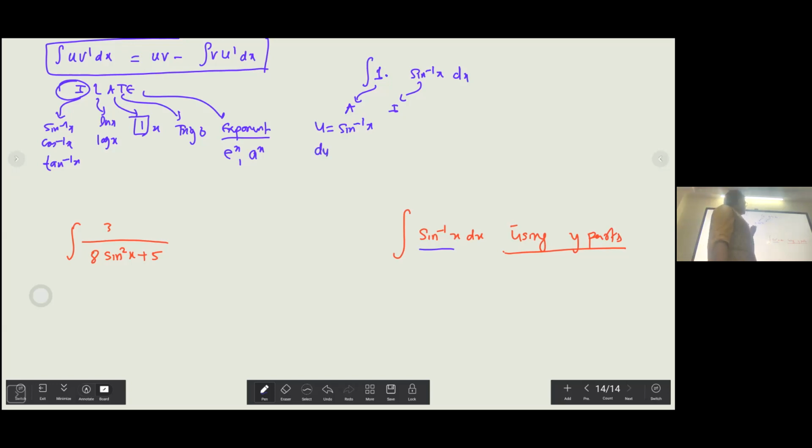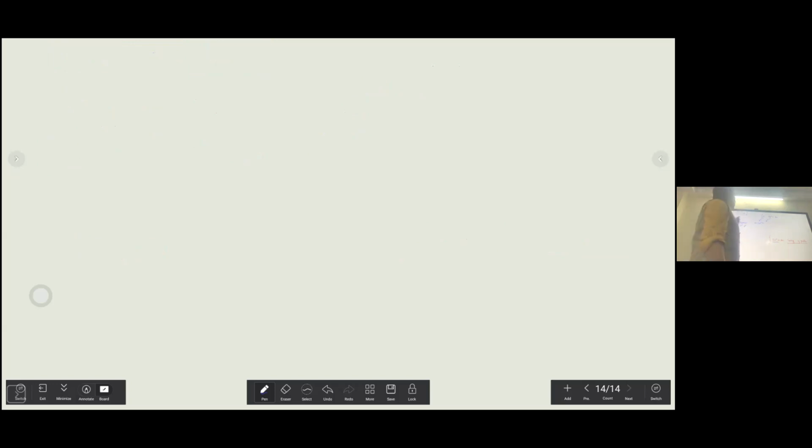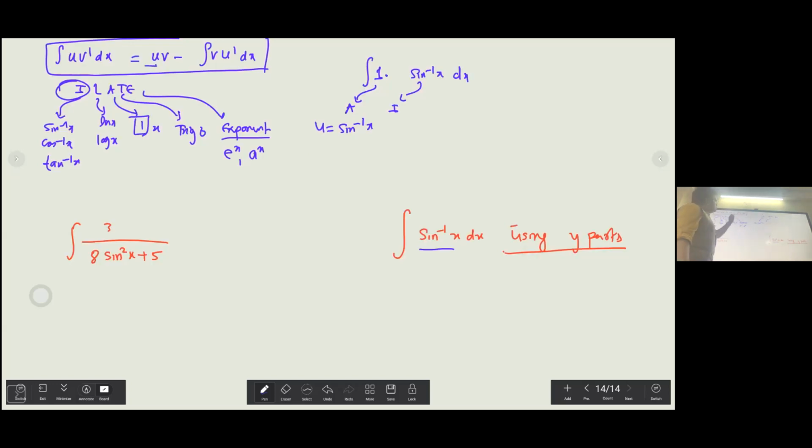So du by dx is going to be, because what I need is, I have got u, I need u dash. So I'm first going to make those values. So u dash is going to be 1 upon root 1 minus x squared. Once we got that, since v dash is 1, v is going to be x, the integration of 1 is x.